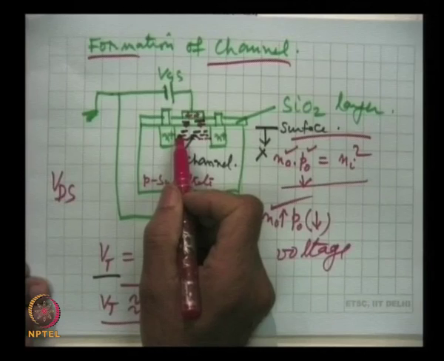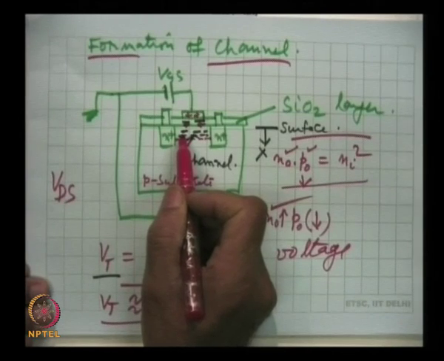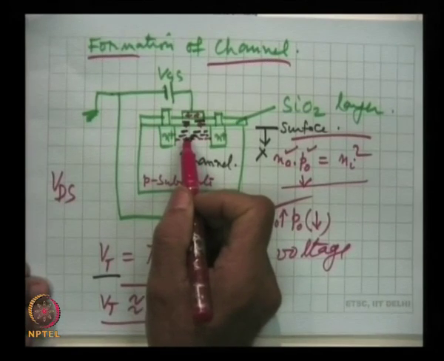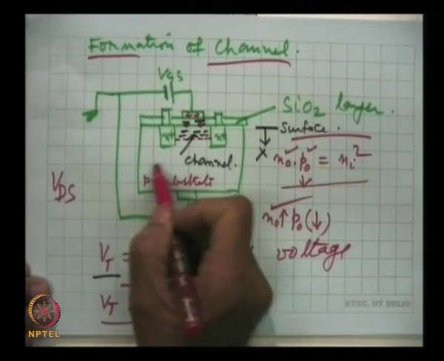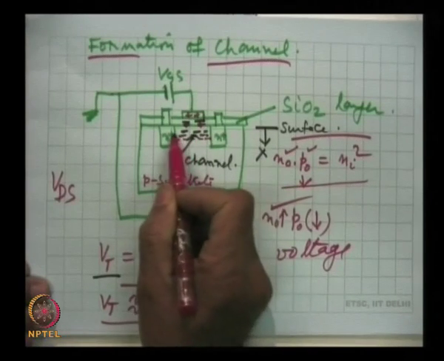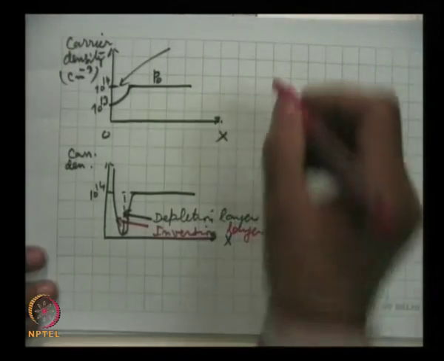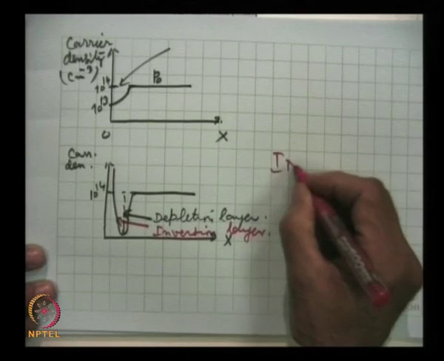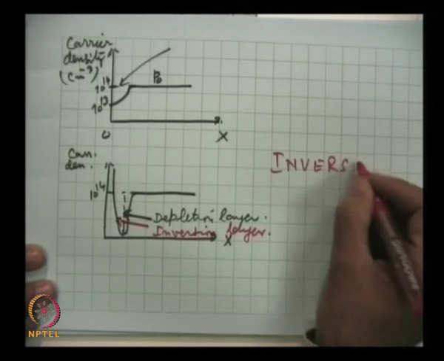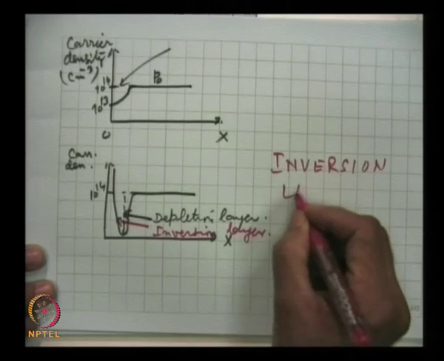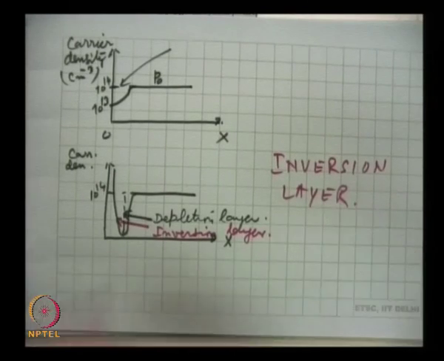Here the electron density has gone up by 1 or 2 orders of magnitude as compared to the electrons here. So, a channel has been created. This is called the inversion layer. So, an inversion layer is created and the device functions.